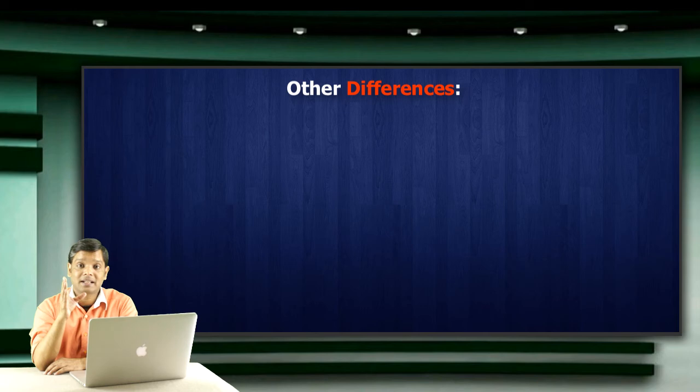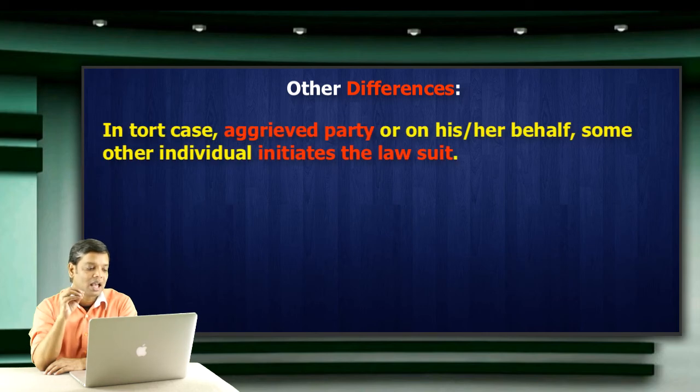The last one, that is, in tort case, the aggrieved party or on his or her behalf some other individual initiates the lawsuit. This is another important point, you need to pay attention.